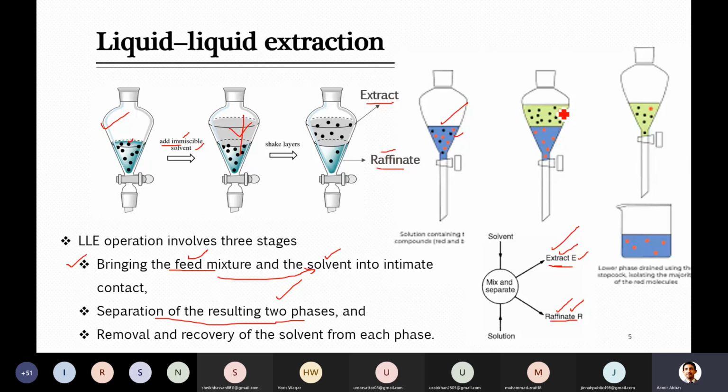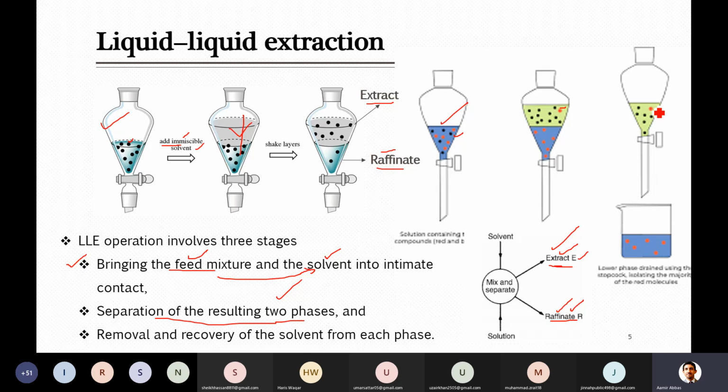You can see a small amount of those components. After this you open the stopper, and they get separated, one collected in a beaker and the other collected separately.